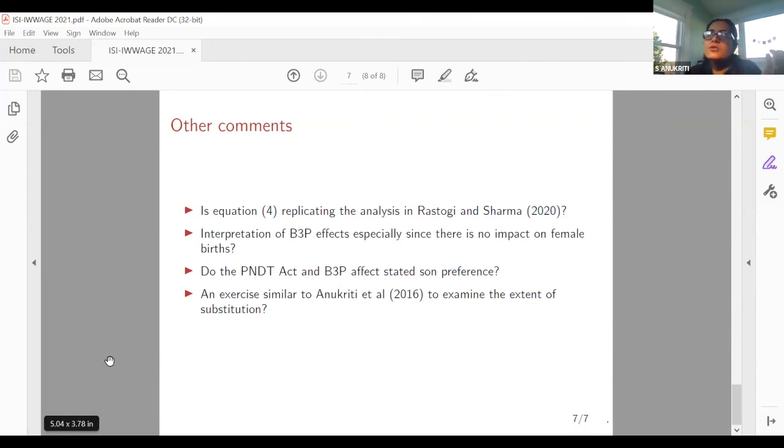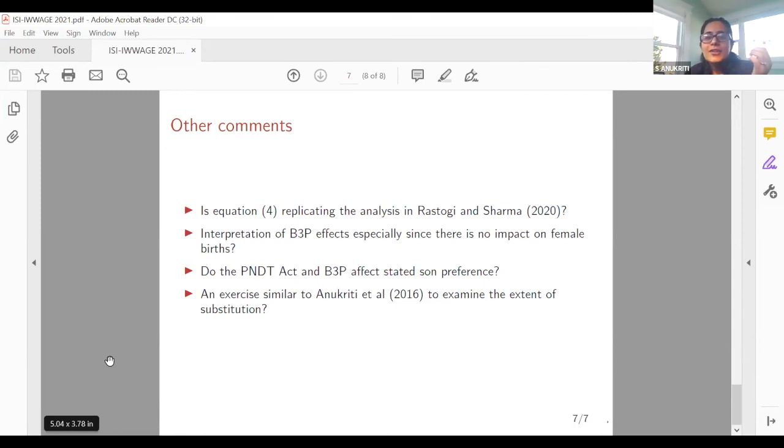In our paper, we do check for the impact on son preference and we don't find an effect, but since you have a new round of data, which we don't have in our paper, it would be nice to explicitly see what's happening with son preference as measured by, it's not a good measure, but the ideal number of boys, or the ideal proportion of boys. Especially if you're looking at Beti Bachao Beti Padhao, maybe if there is a norm change, then we want to see whether there's a change in that proportion. So that's another outcome variable you can look at.